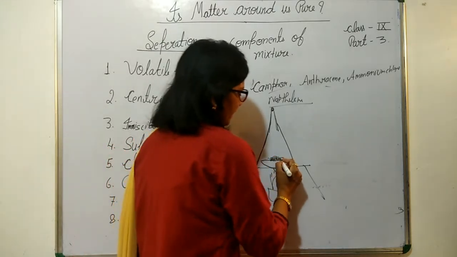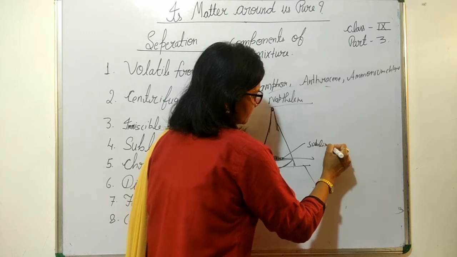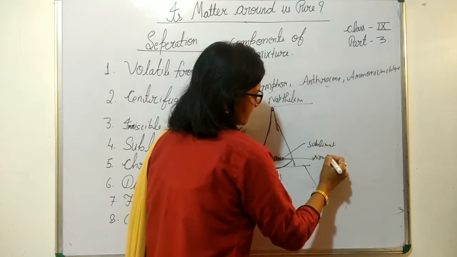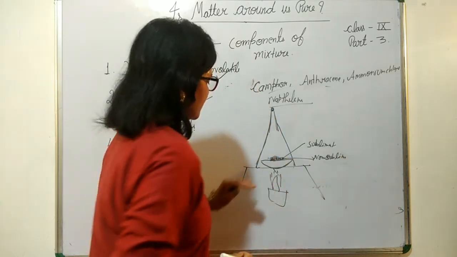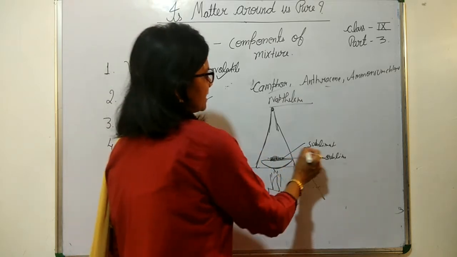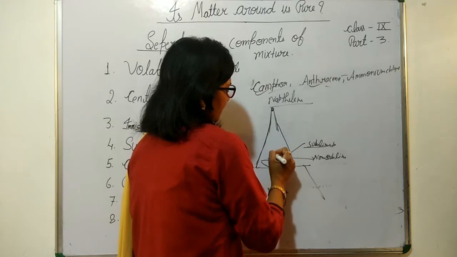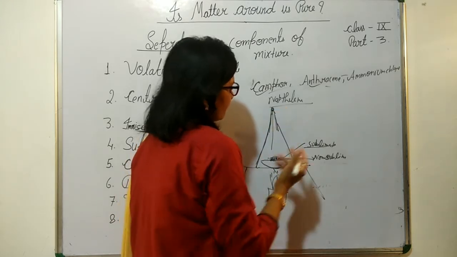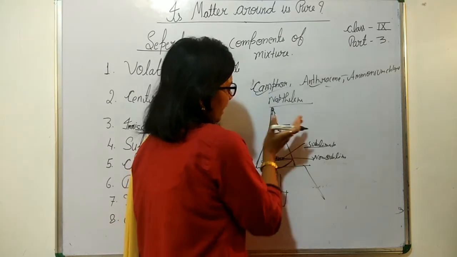Then what happens? It is a mixture of sublimate and non-sublimate. If we increase the temperature of the system, the sublimating substance will go up in the form of gas and will be collected here.